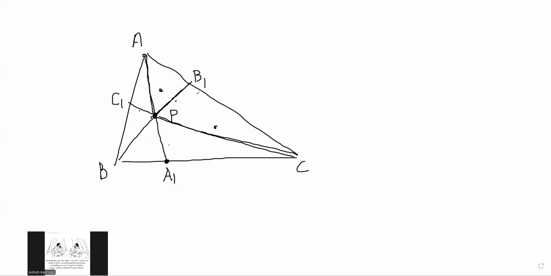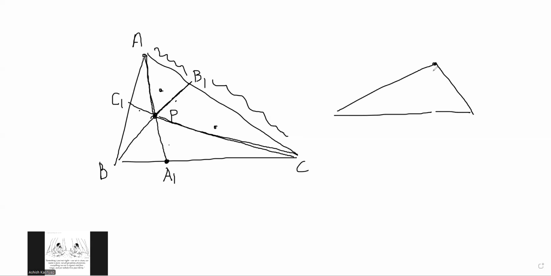Obviously, the bases are proportional. Do you understand what I'm saying? Yes, sir. If you fix the vertex at P and you have two different situations, P is here, A is here, B1 is here, C is here. Obviously, the ratio of this and this will be the ratio of areas.